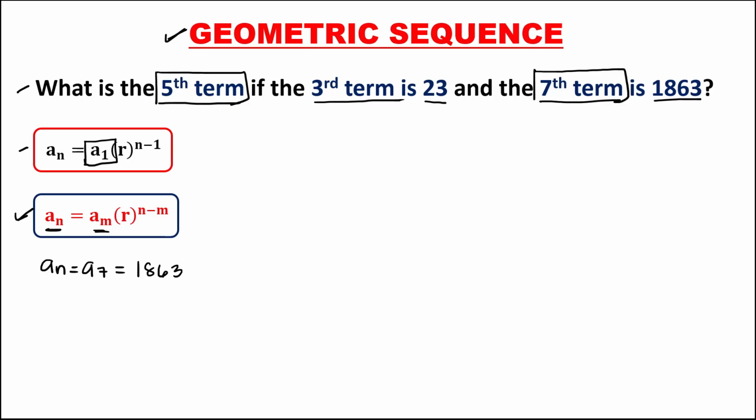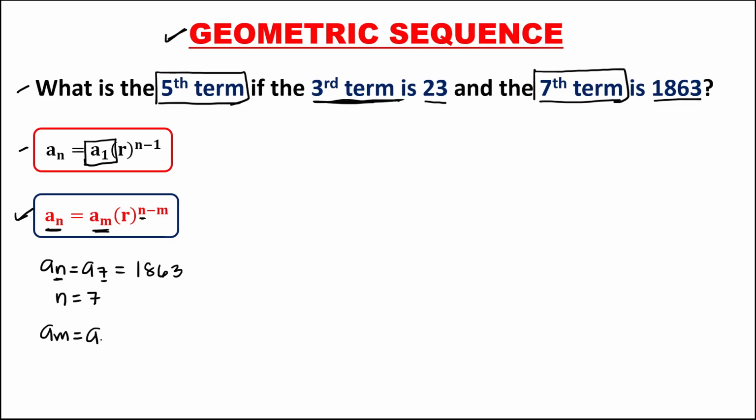and the seventh term is 1863. Then to solve for n, since a sub n is equal to a sub 7, therefore n is equal to 7. Then for this a sub m, a sub m equals the other given term, and that's the third term.